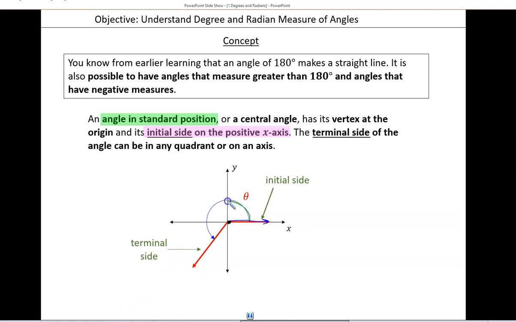This arc right here represents the measurement of the angle. And this symbol, you may or may not be familiar with this. This is the Greek letter theta. And we will use that a lot to represent just a general or unknown angle measurement.